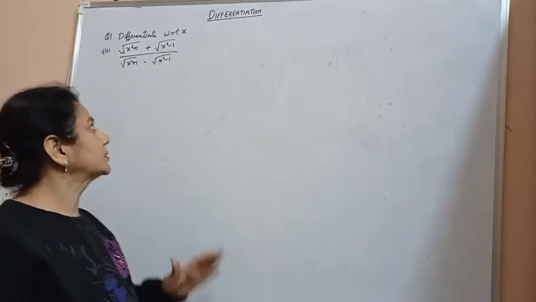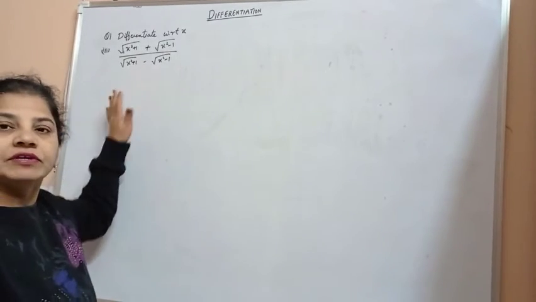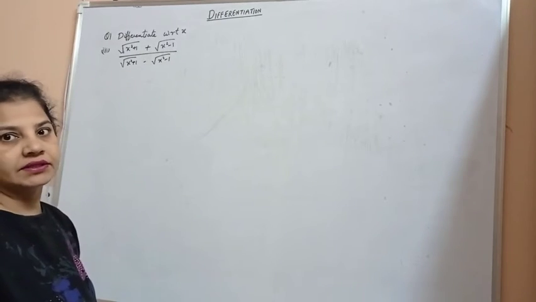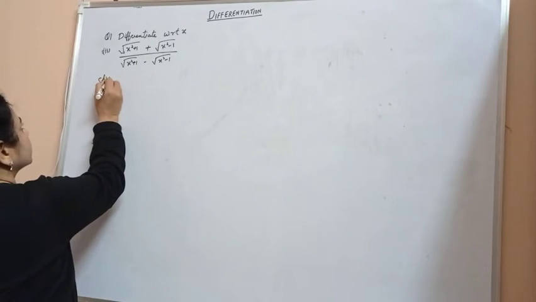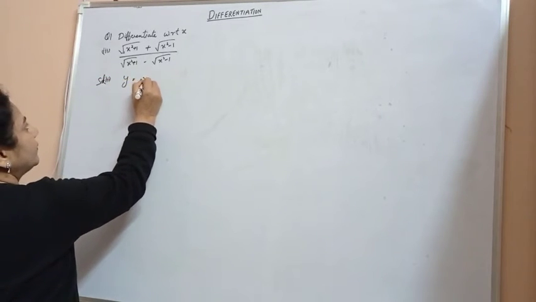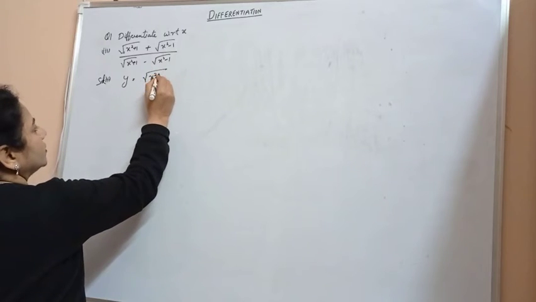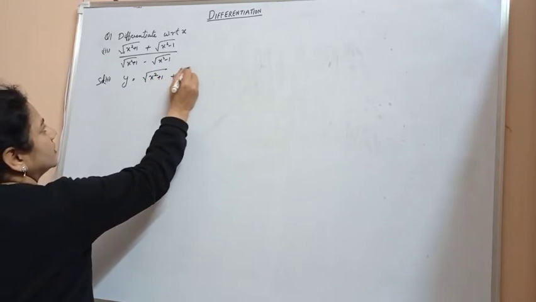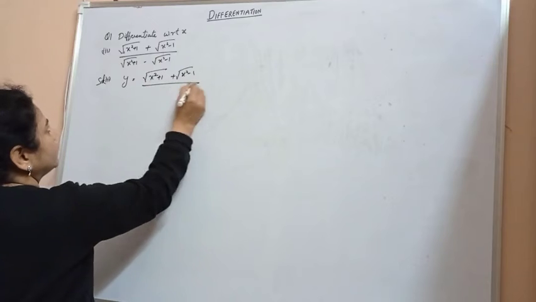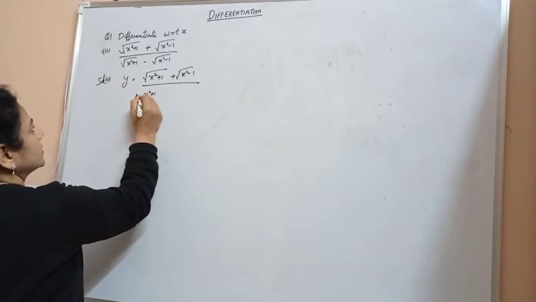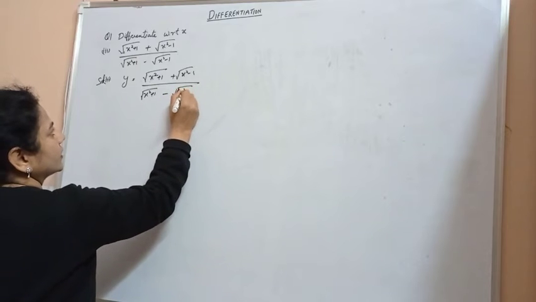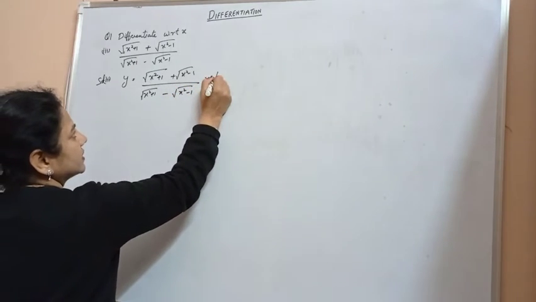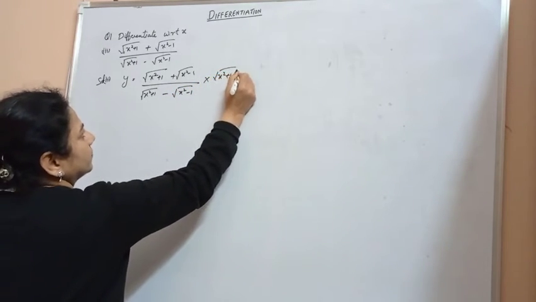Differentiate with respect to x. In this function, first of all, we rationalize the given function and then differentiate. Let y be the function (under root x square plus 1 plus under root x square minus 1) divided by (square root of x square plus 1 minus square root of x square minus 1). We rationalize by the opposite sign.